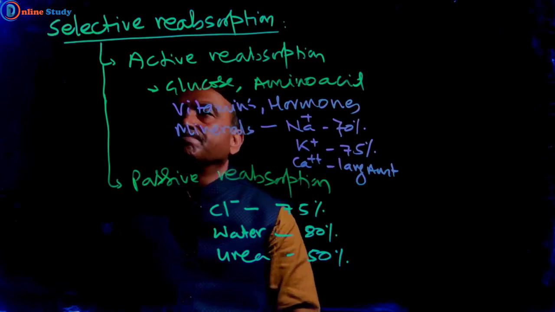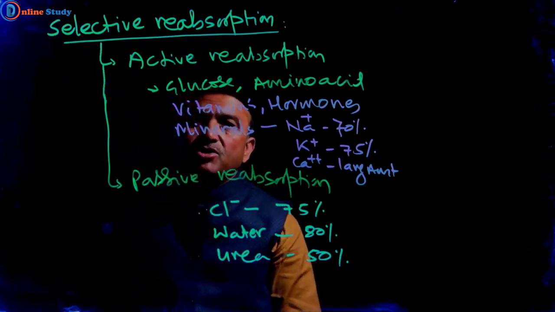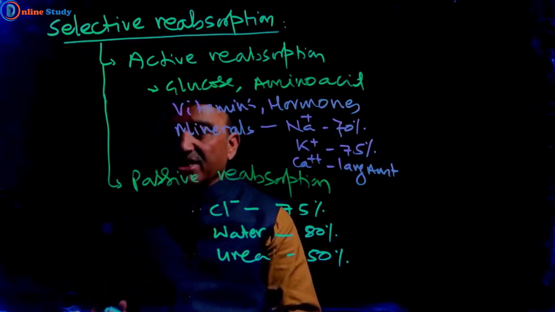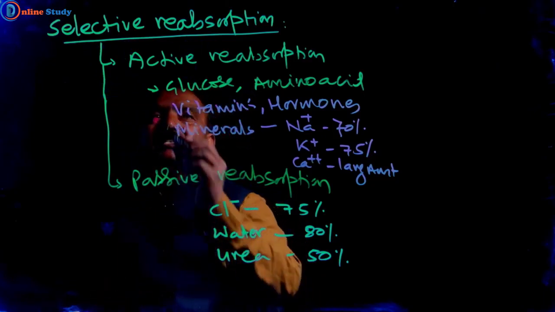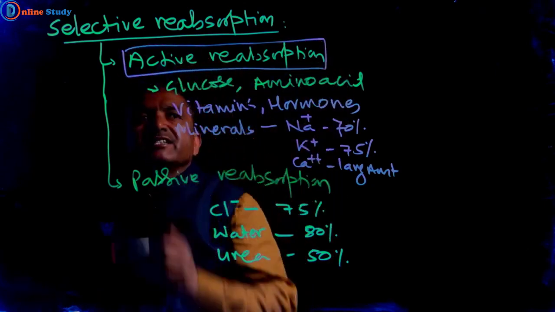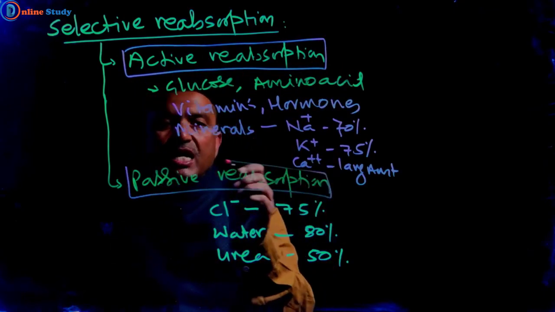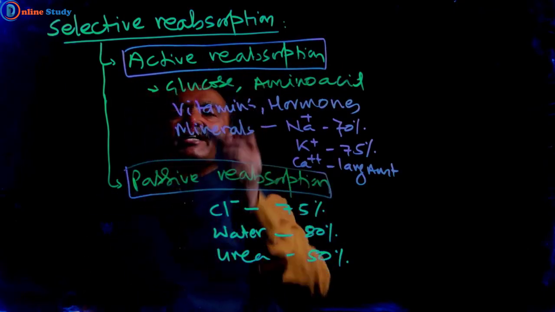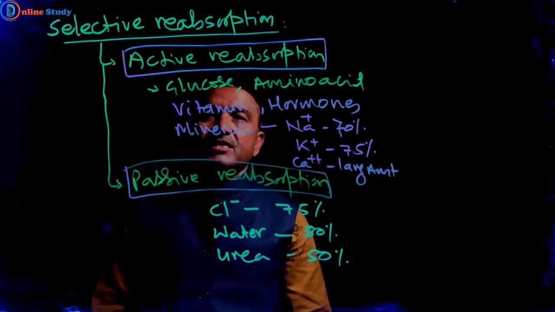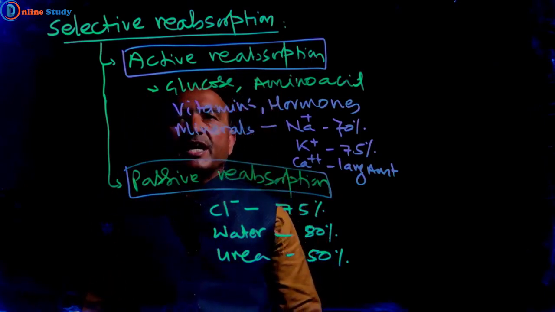Now see here, this is selective reabsorption. Selective reabsorption takes place in two different ways: active reabsorption and passive reabsorption. Active reabsorption takes place against the concentration gradient.